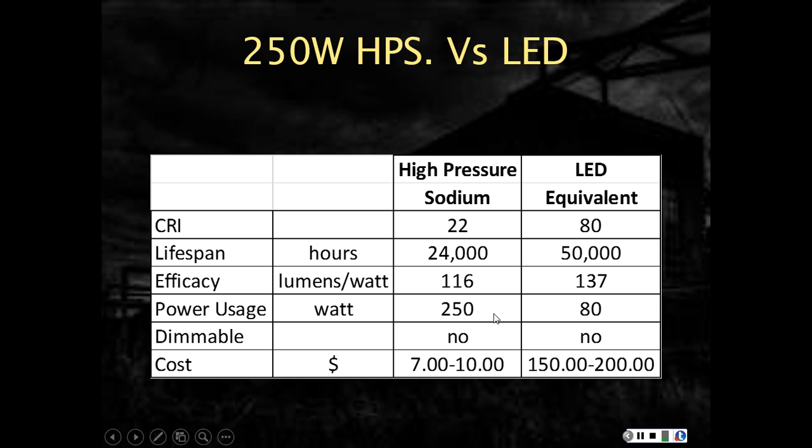Power usage, the high pressure sodium is 250 watts, where the LED equivalent is 80. Neither one of these lamps is dimmable. The cost of the high pressure sodium is anywhere from $7 to $10. This is where the LED equivalent currently takes a beating. Currently the pricing is $150 to $200 a piece. So you have to look at a combination of lifespan, energy usage, and really run the numbers close.